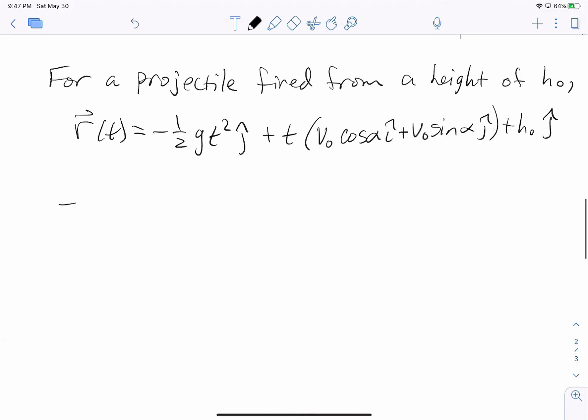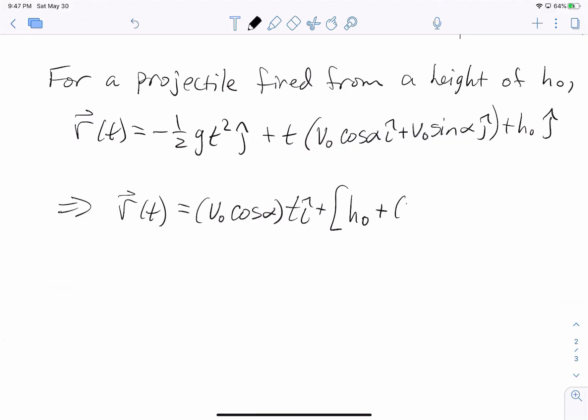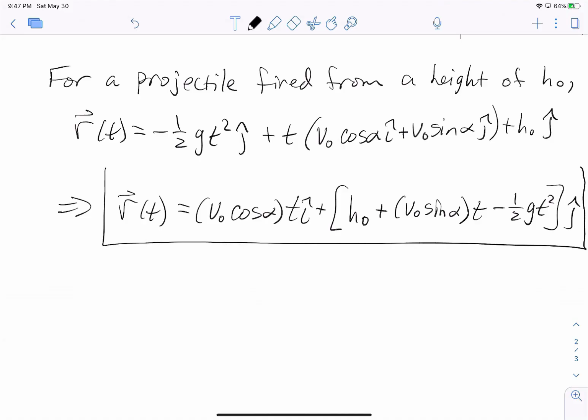And that implies, by collecting components, that r of t is equal to v naught cosine of alpha times t i plus the quantity of h naught plus v naught times the sine of alpha t minus 1/2 gt squared, all that times j. That's the vector function for a projectile's position.